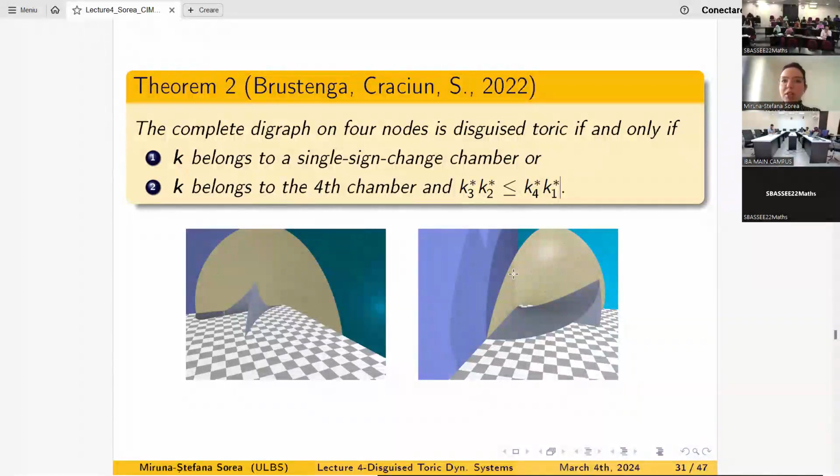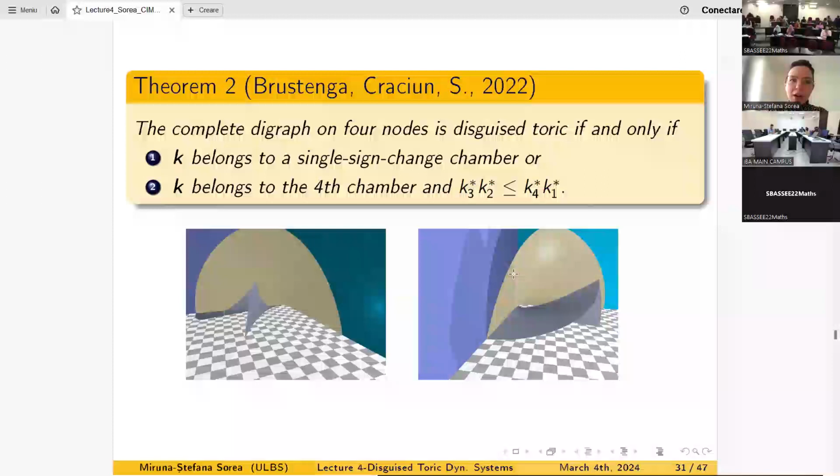There was a PhD thesis by Anne Shiu, where she showed that the toric locus is exactly the Segre variety. You see this is a hypersurface, so the Lebesgue measure is 0.